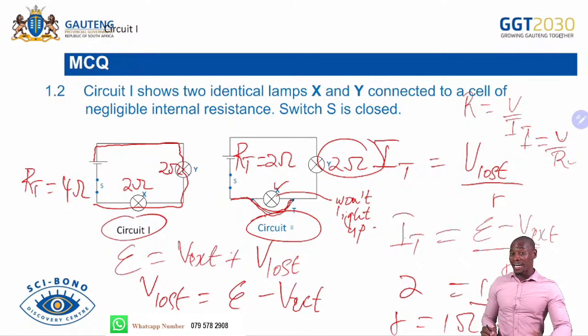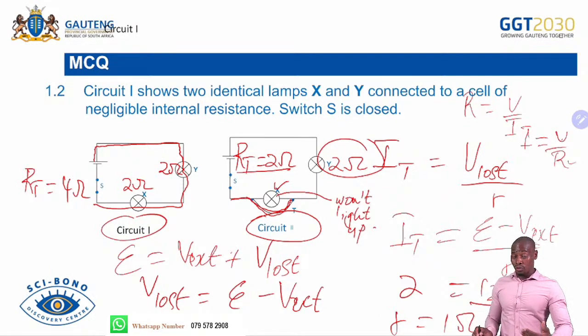Then there's no way that current will choose to pass through X, while there's wire T with 0 resistance, all right? So all the current will just pass through that wire, but remember that Y is still there. If we had the resistance of Y as 2 ohm, then what was going to be our total resistance? It was going to be 2 ohm.